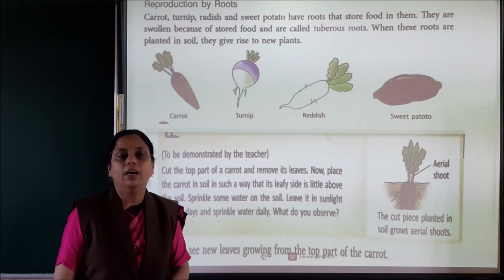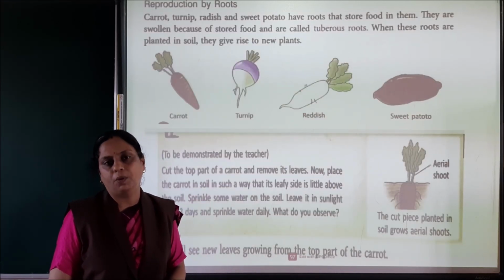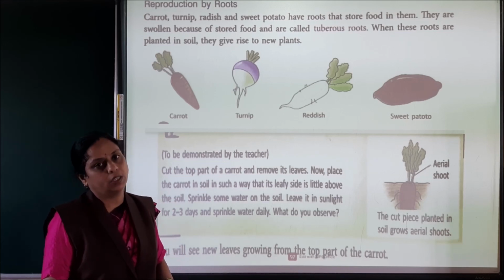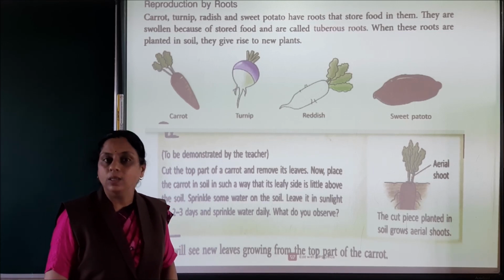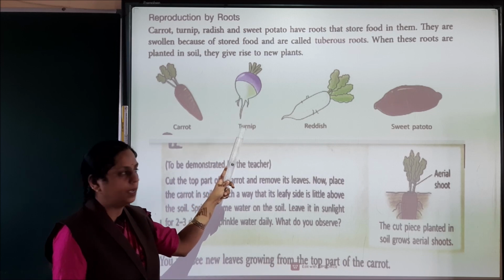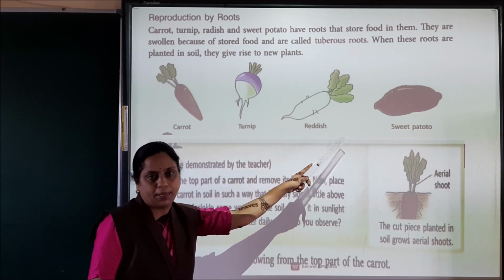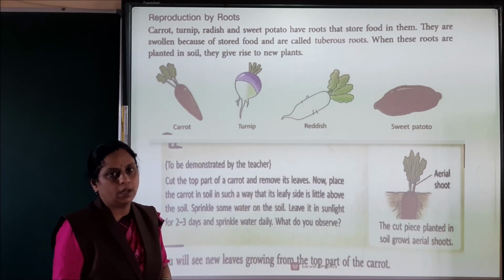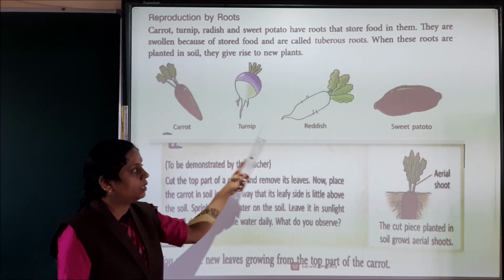Now we will learn one by one the reproduction from all these parts. First, reproduction from the roots. As you all know the examples of roots. What are they? Yes, carrot, turnip, radish, sweet potato. These are all examples of roots. And children, can you see these pictures now?